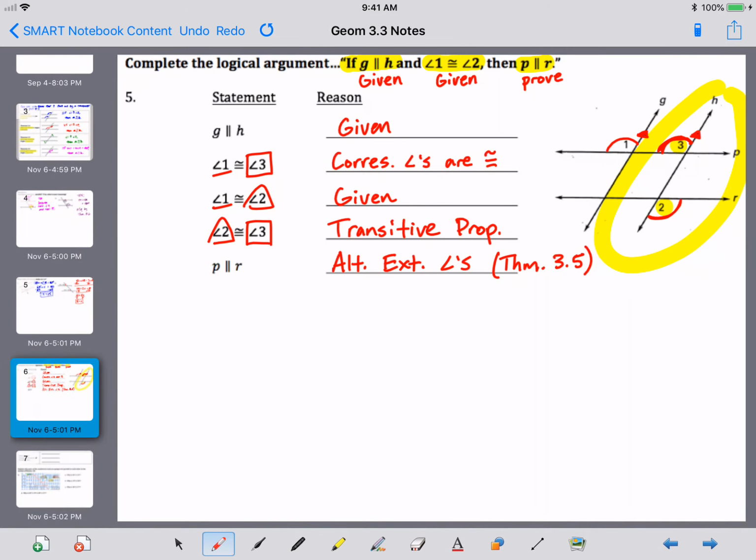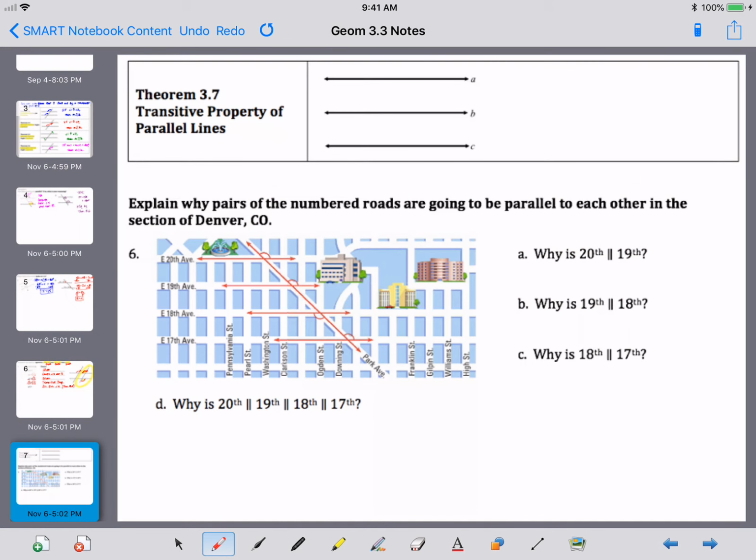Okay, let's look at just one more idea here. There is actually a transitive property for lines, and what that states is that if you know line A is parallel to line B, so say that this is parallel to this, and this line B is parallel to this line C, so if B is parallel to C, then A has to be parallel to C. So they all have to be parallel.